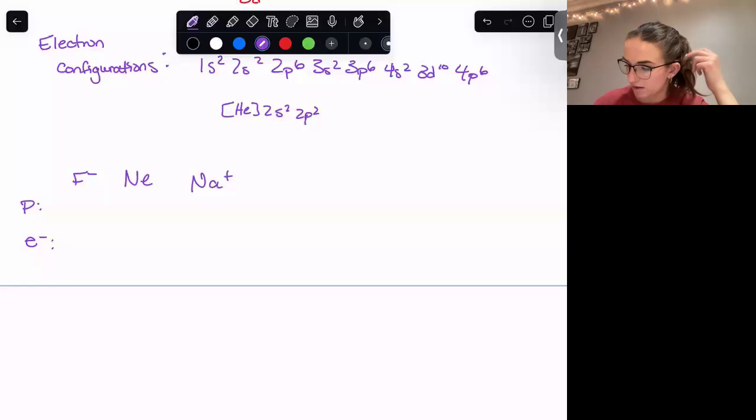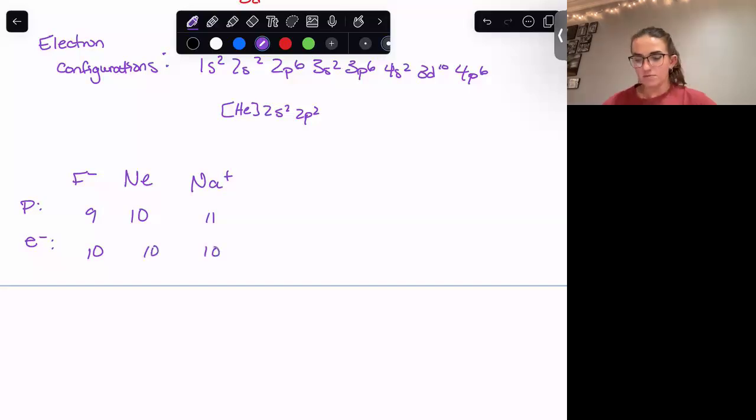How many protons does neon have? Yep. How many protons does fluorine have? Great. Okay. How many electrons do each of these have? Perfect. Right? These all have 10.